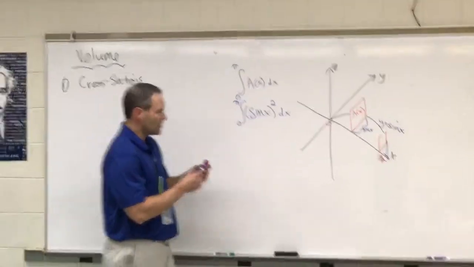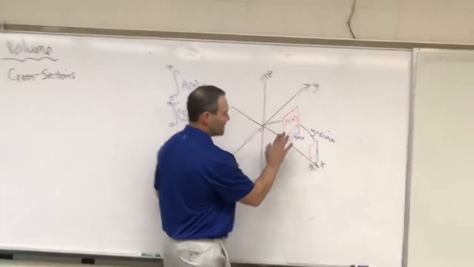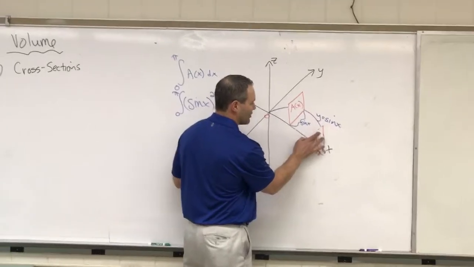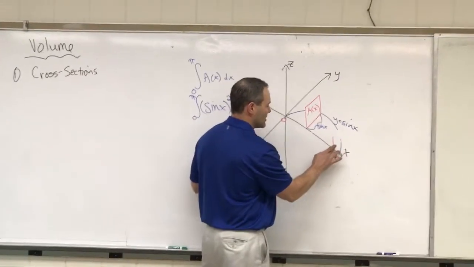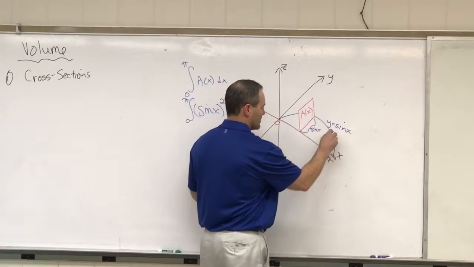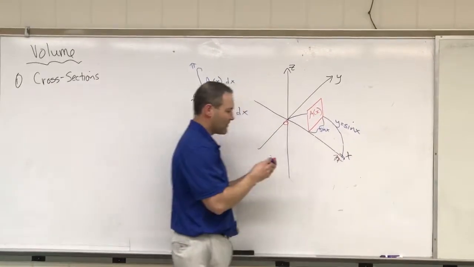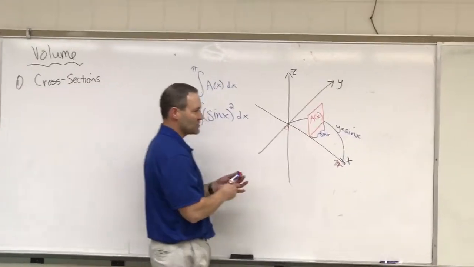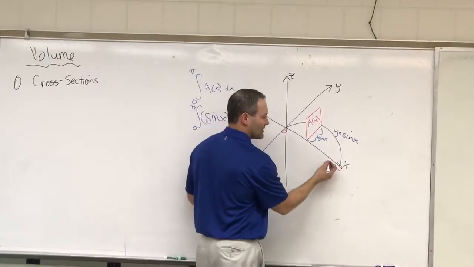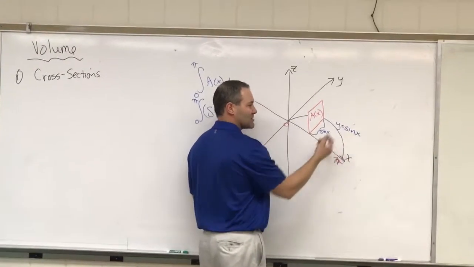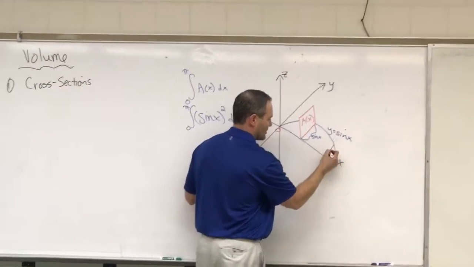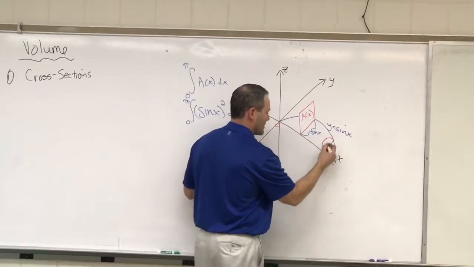Okay, same scenario. I'm not going to redraw it, but let's do a different cross section. Let's say it's a half circle whose diameter goes from the x-axis to sine x. Can you see that this is a half circle?